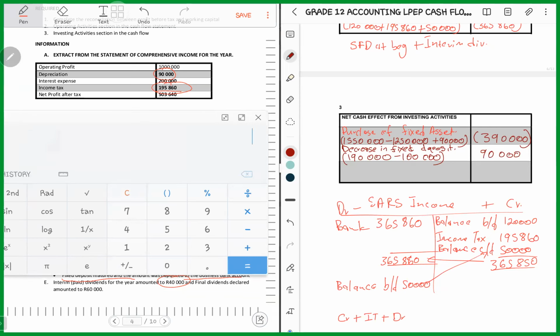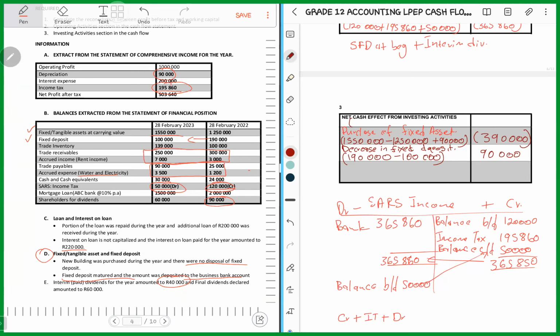Okay. So now we have to calculate the net cash effect from investing activity. Remember, we start with the inflow, then we subtract the outflows. The inflow is how much? It's 90,000. Then the outflow is how much? 390,000.